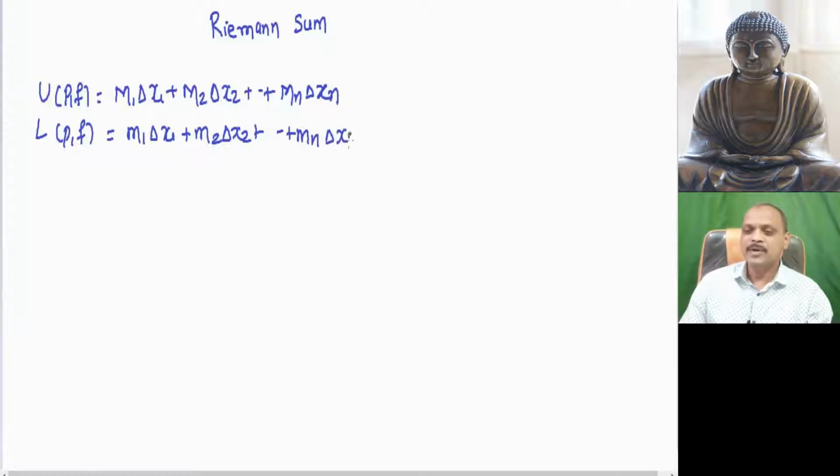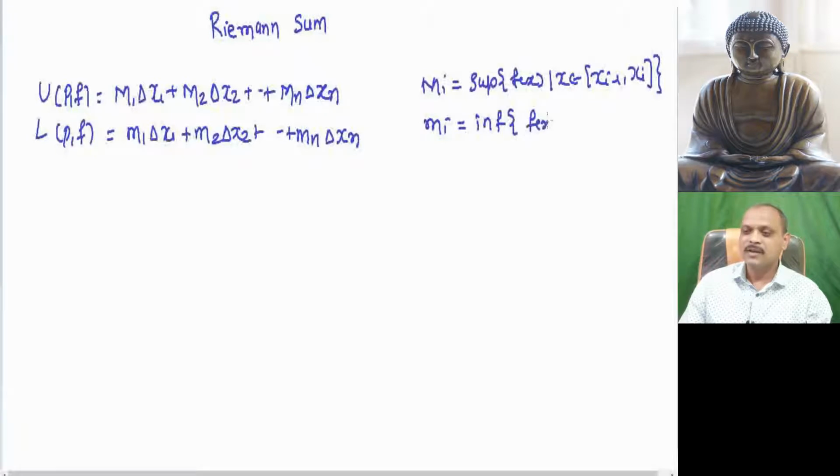What is my capital Mi? Capital Mi is the supremum of f of x, where x belongs to the interval xi minus 1 to xi. And what is my small mi? Small mi is the infimum of f of x, where x belongs to the closed interval xi minus 1 to xi.